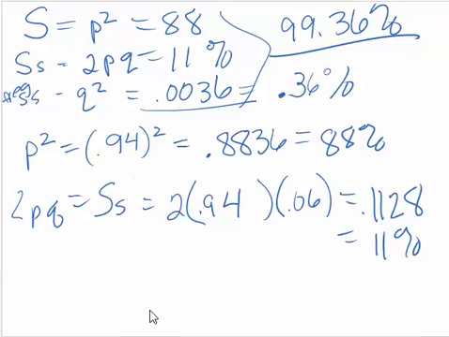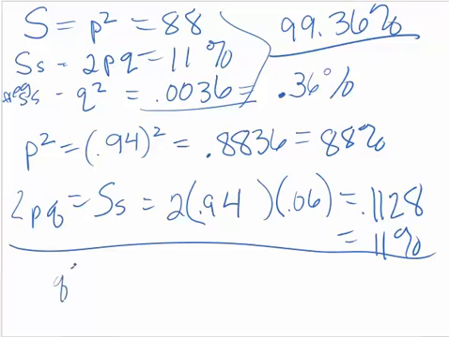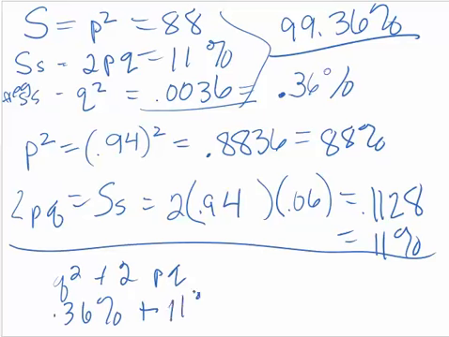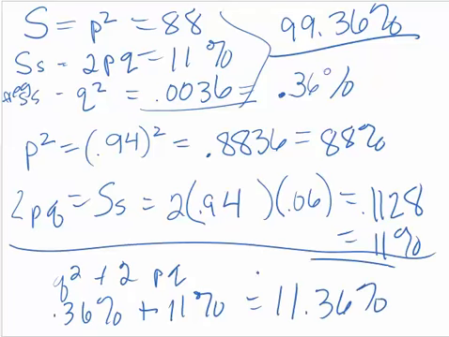Little s little s was 0.36%, plus 11%. And that gives us 11.36% as our answer. Okay, I'm going to stop this here.